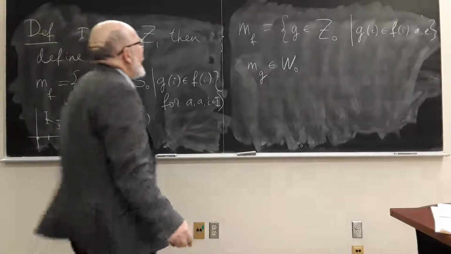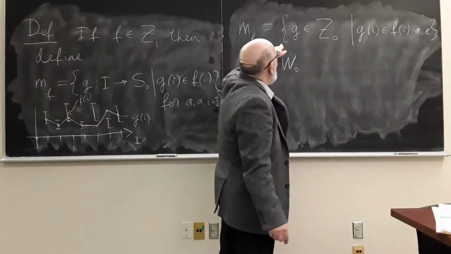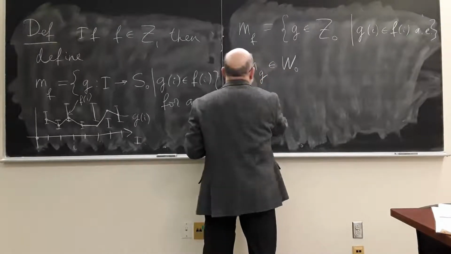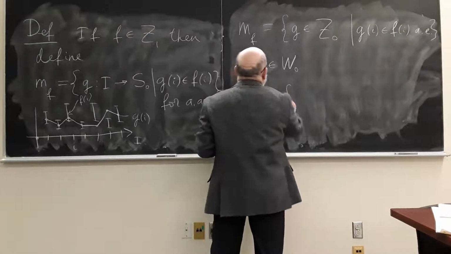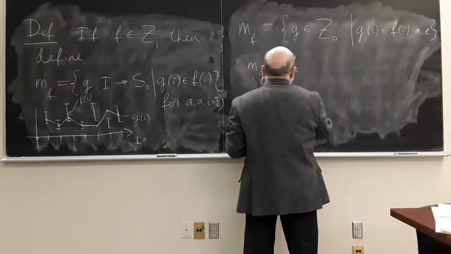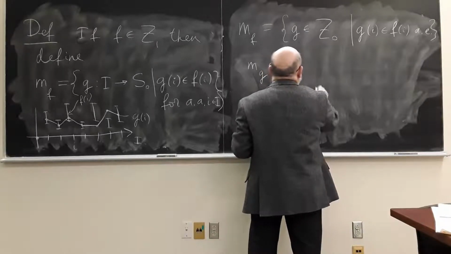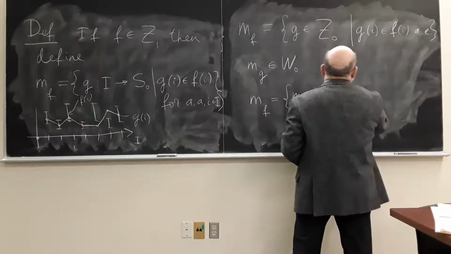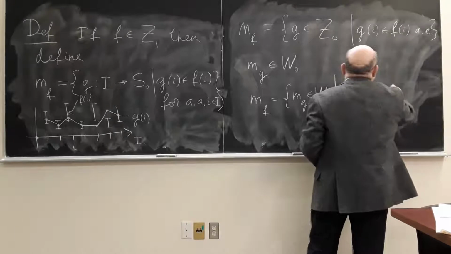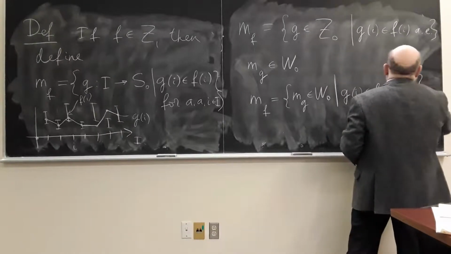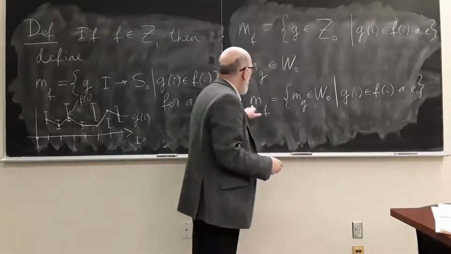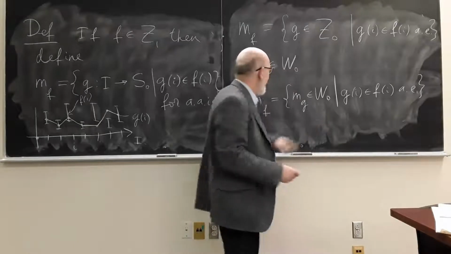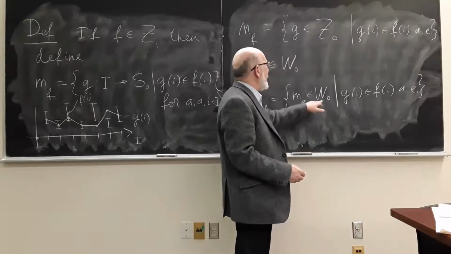So here we have M_f. Let me rather write M_f is the collection of M_g in W0 with g of i in f of i almost everywhere. So M_f is a set of elements of W0.